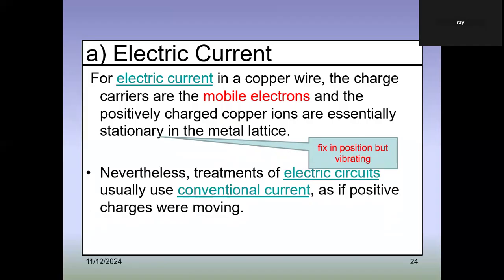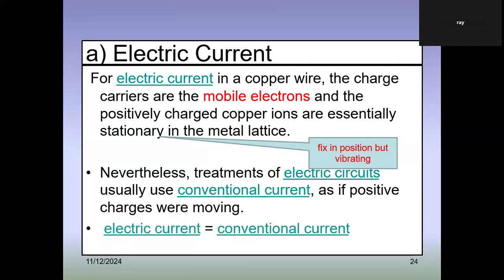Nevertheless, treatment of electric circuits usually uses conventional current, as if positive charges are moving. Scientists first thought it was the positive charge that moved, so rather than change it, they use the convention. That means we agree it's the flow of positive charge. So electric current means conventional current.